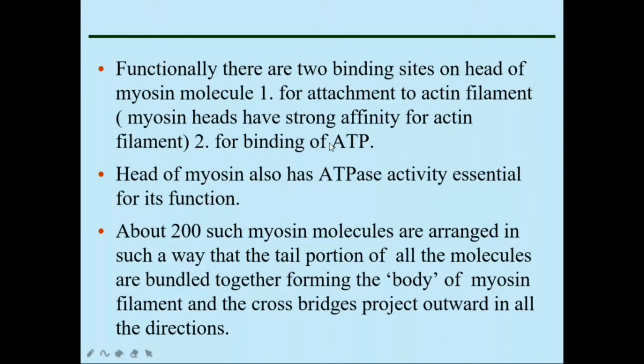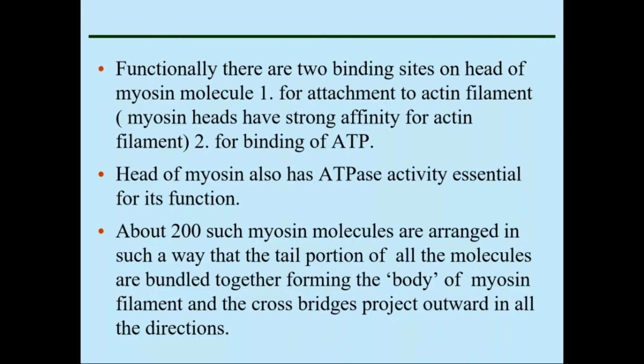As far as the structure of the myosin molecule is concerned, it is a hexapeptide containing 2 heavy chains and 4 light chains. The light chains are also called regulatory chains. The heavy chains at one point project outwards and they form the arm and the head. The arm and head together are called the cross bridge, whereas the remaining straight portion is called the tail of the molecule.